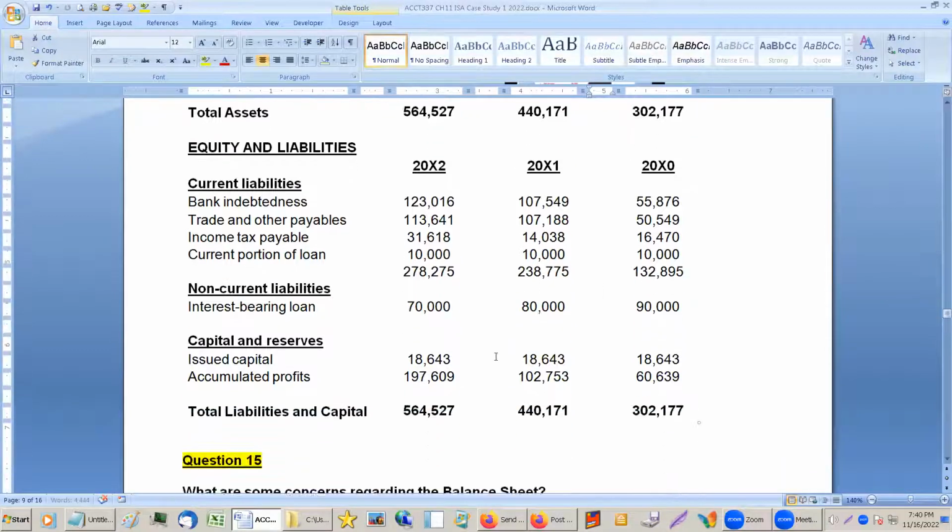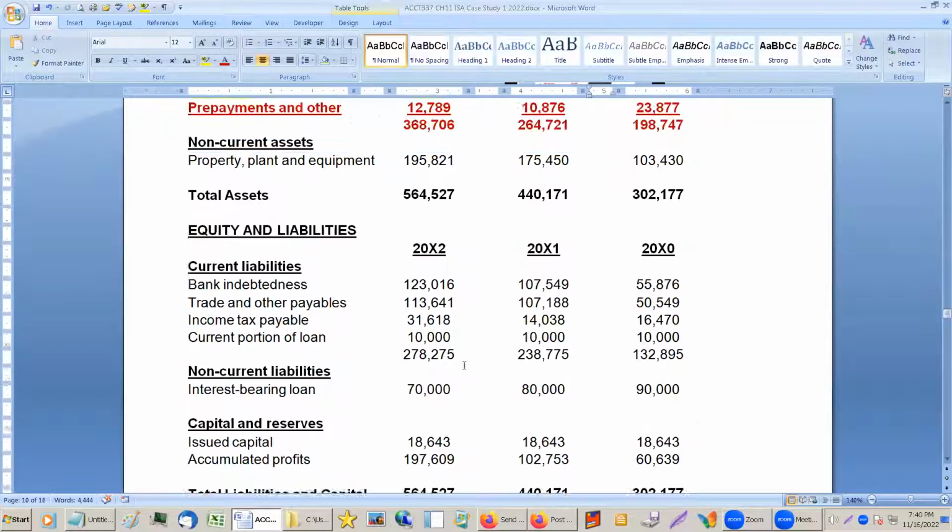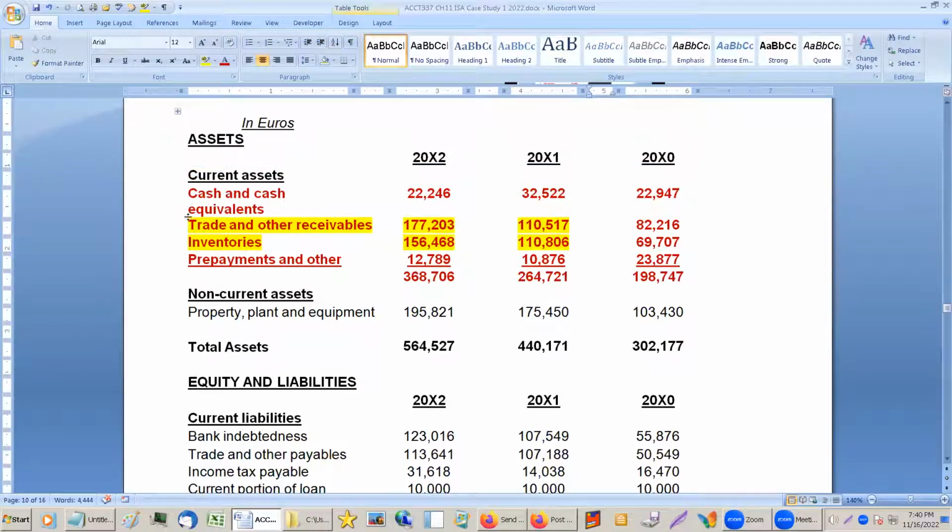Nothing else here is too crazy. So I would say certainly the prepayments are kind of strange, and certainly the receivables, because they jumped up so much.